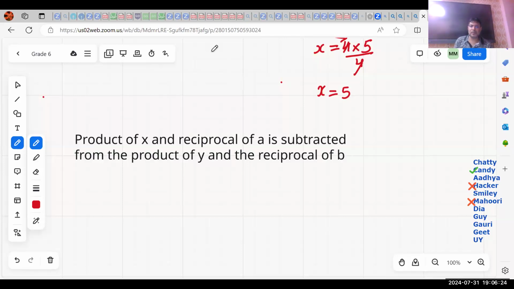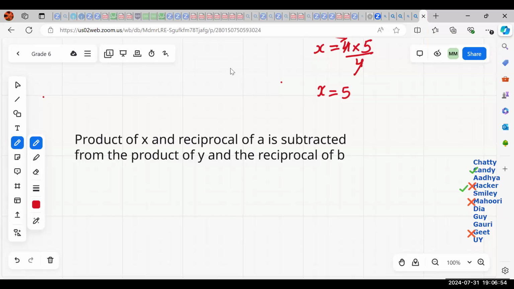I know the answer, but I did not understand. Sir, I got my error. Can I send it again? Yes, you can send again. Gauri, please remove the slider. Sir, do we have to find the answer or the equation? I did not understand.